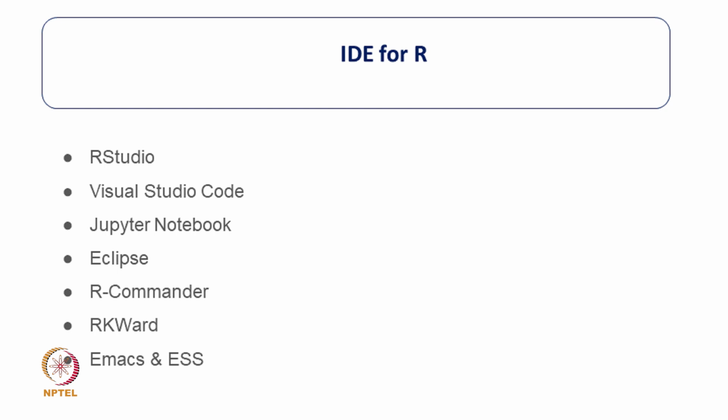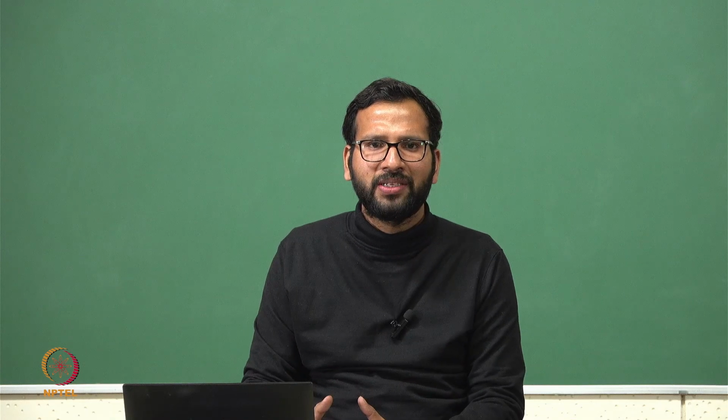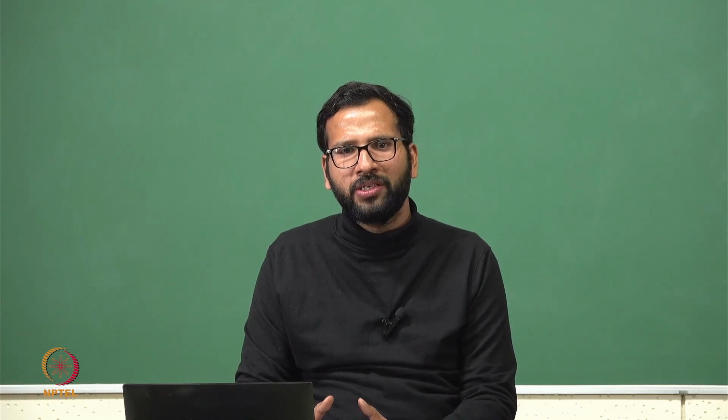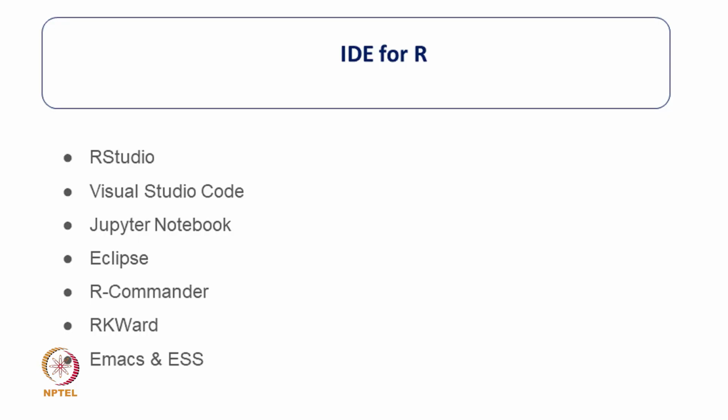They are just the front of your software, which is at the back end. Some examples of popular IDEs include RStudio, Visual Studio Code, Jupyter Notebook, Eclipse, R Commander, Archboard, Emacs and ESS. But among these, RStudio is the most widely used IDE for R.